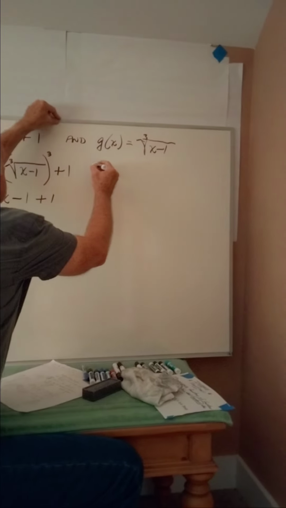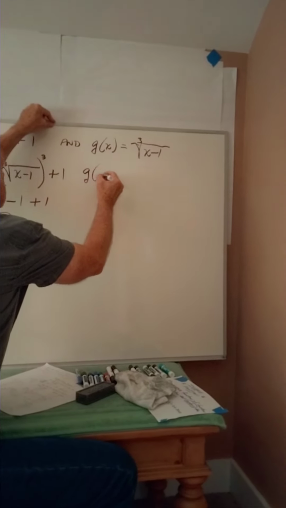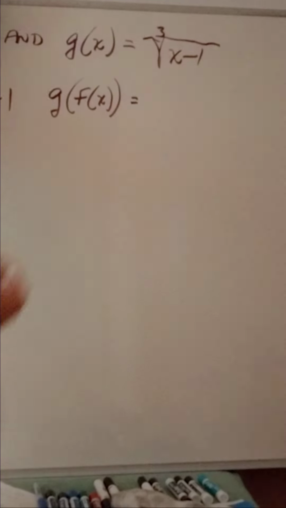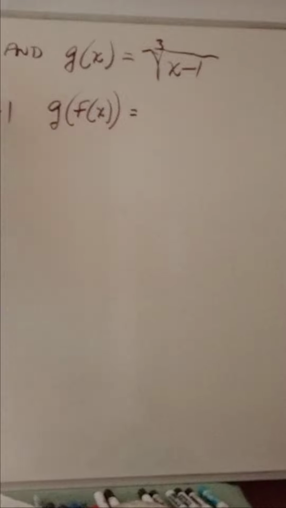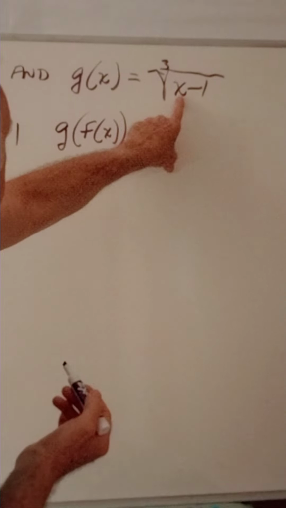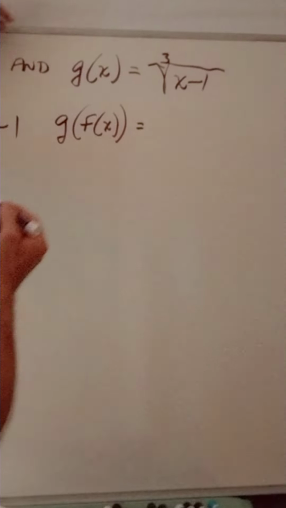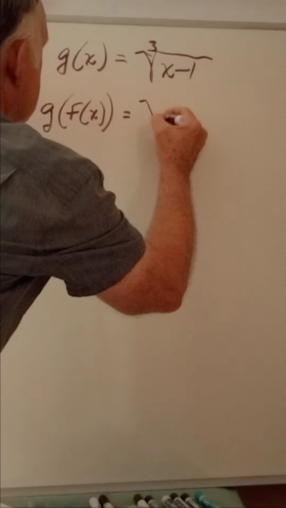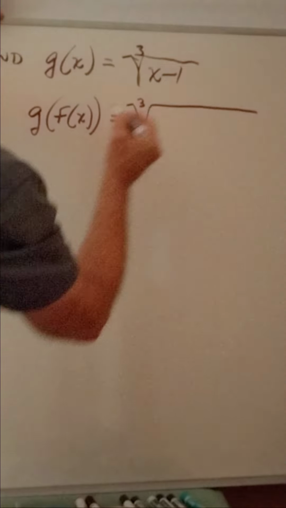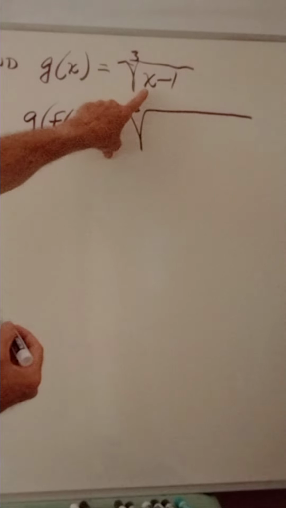Let's do the g of f of x. So we're going to take the output of f, x cubed plus 1, and we're going to substitute it in place of x in that radical. Bring down that radical, get that index of 3, in place of x, x cubed plus 1.